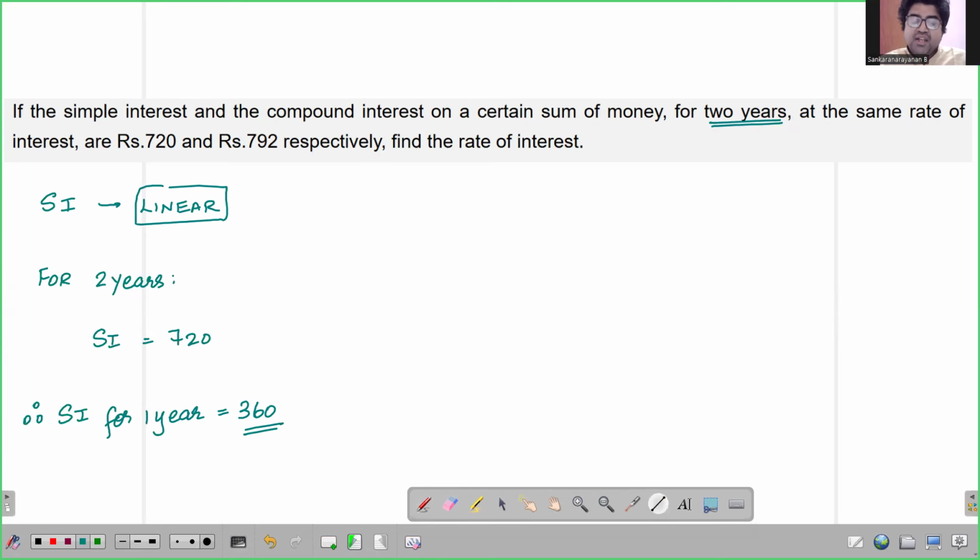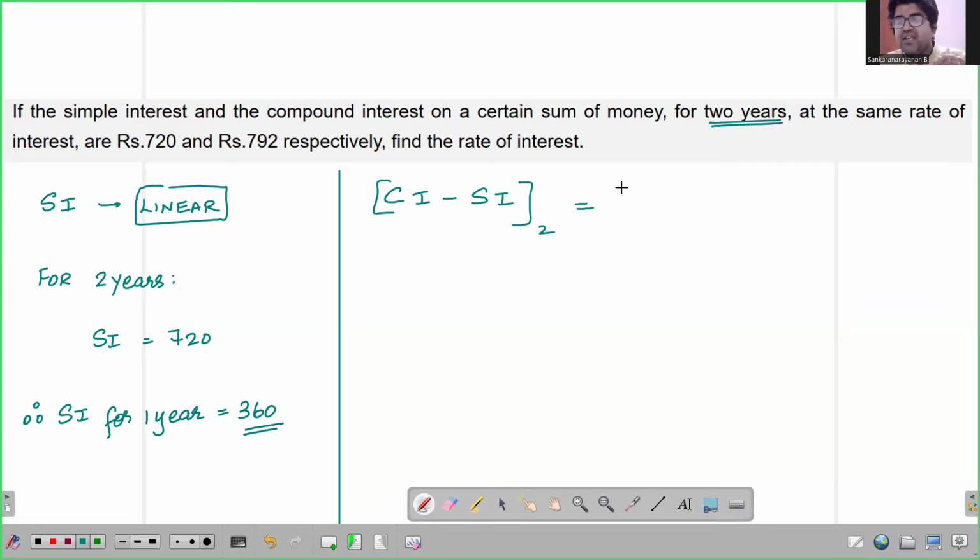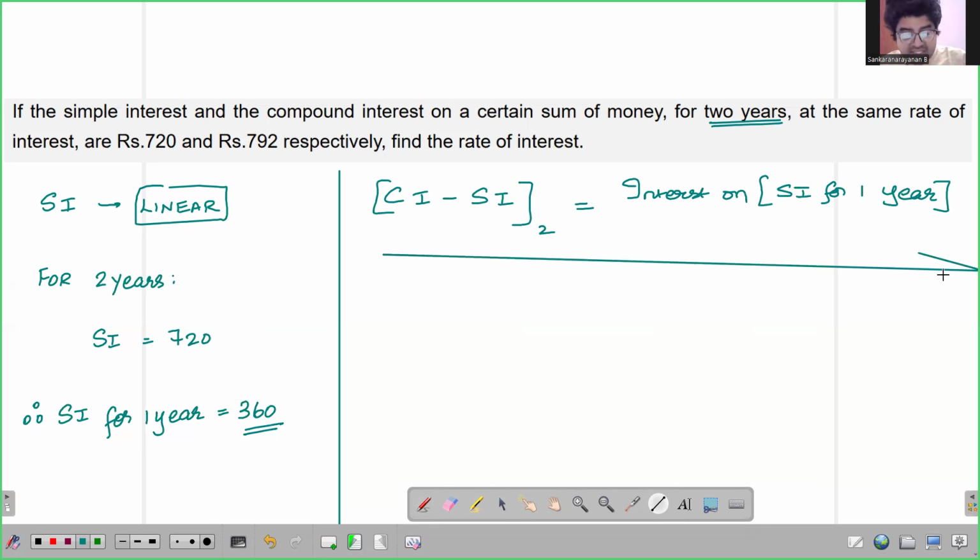Got it? Now please observe the difference between the compound interest and simple interest for a span of 2 years is given by one logic. It is nothing but the interest on simple interest for 1 year. This is the shortcut you must remember for answering this question.